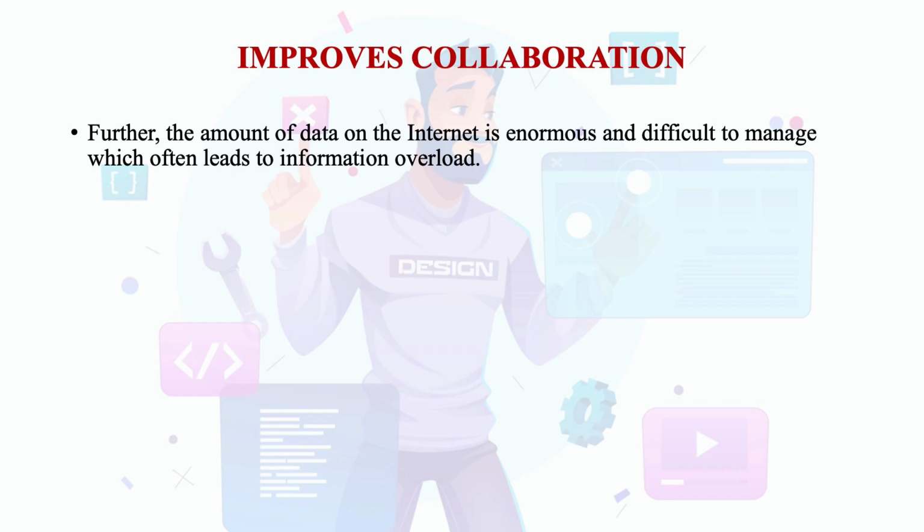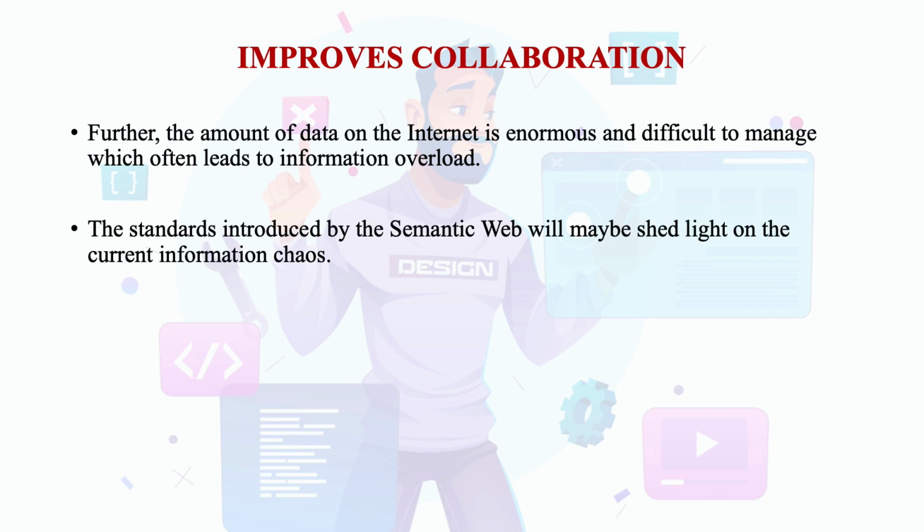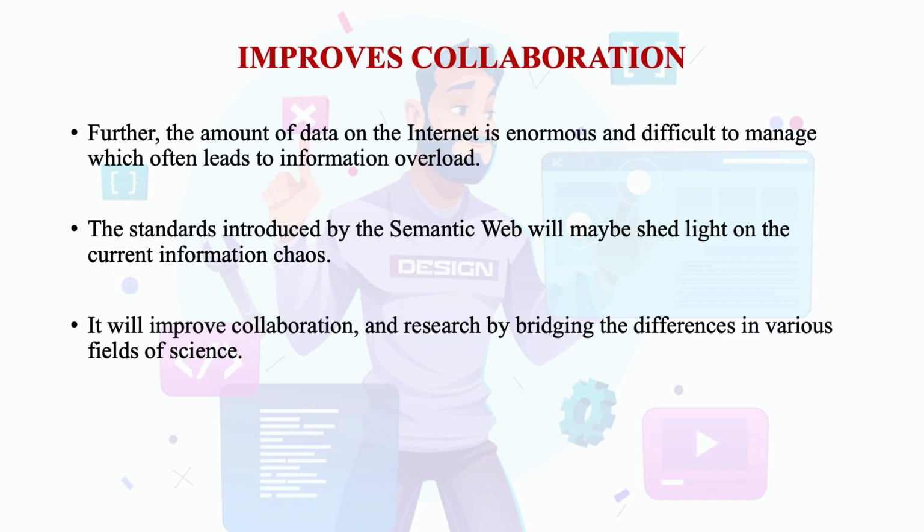Even all the information that is available on the internet may not be true. The standards introduced by the semantic web will shed light on the current information chaos. It will improve collaboration and research by bridging the differences in various fields of science.